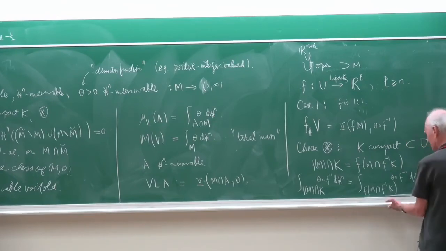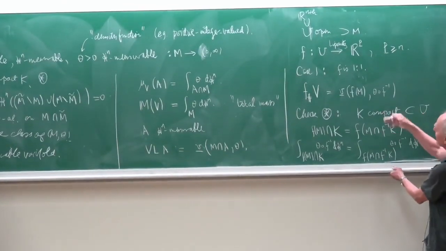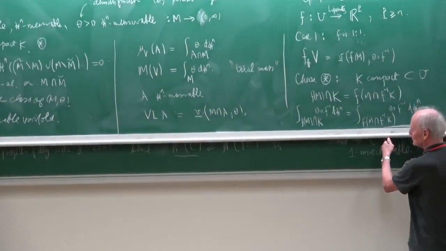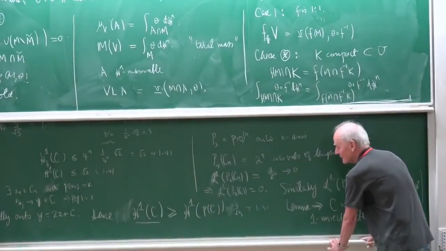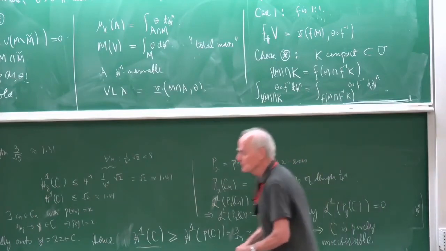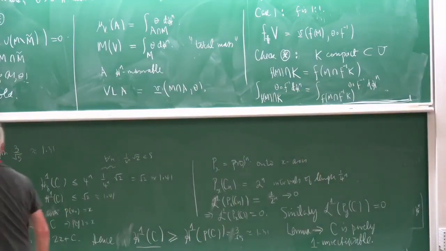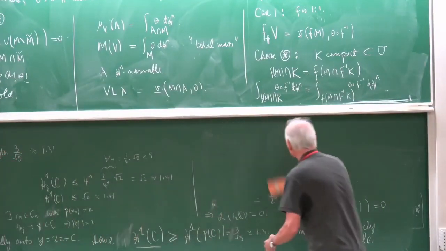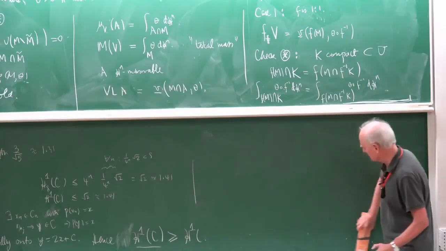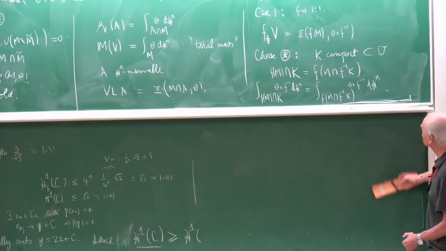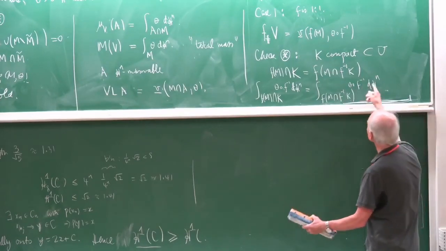Now, unfortunately, I just erased the formula I wanted to use. I just erased the area formula, the general area formula. You remember the general area formula that we derived earlier using approximation by step functions, by simple functions, it tells us what this is.